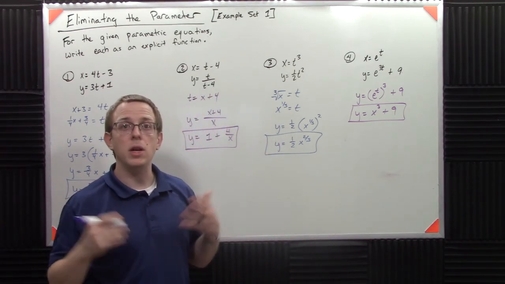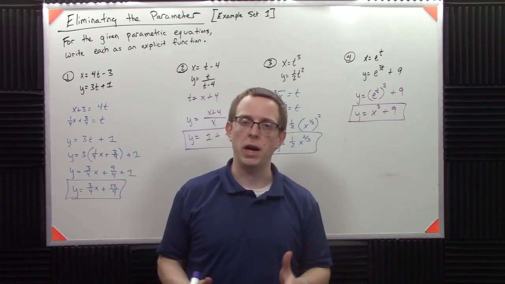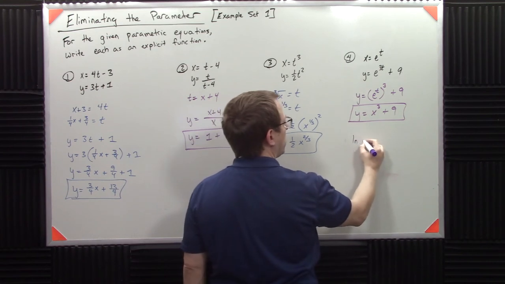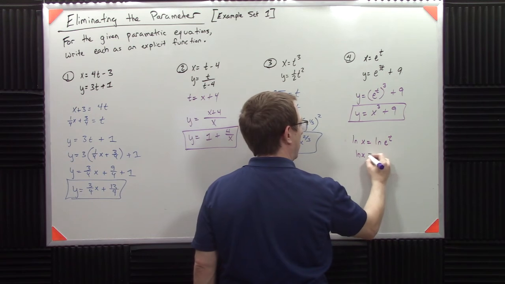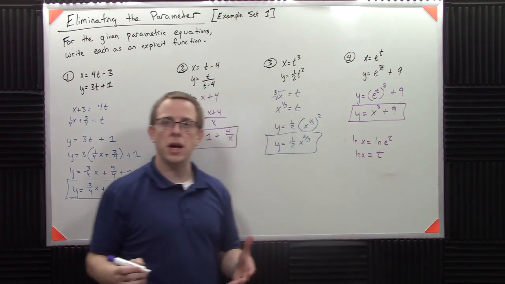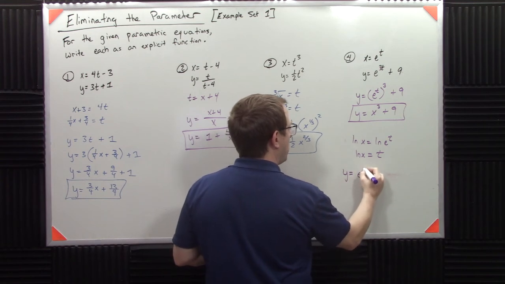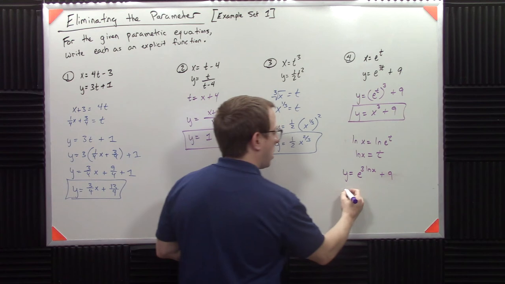Now, let's say you didn't know how to do this. Let's say you had a lot of trouble and you just said, I've got to do this the old-fashioned way. Well, that's fine too. If you start here, you take the natural log of both sides. So t is the natural log of x. Then y is e to the 3 natural log of x, plus 9.